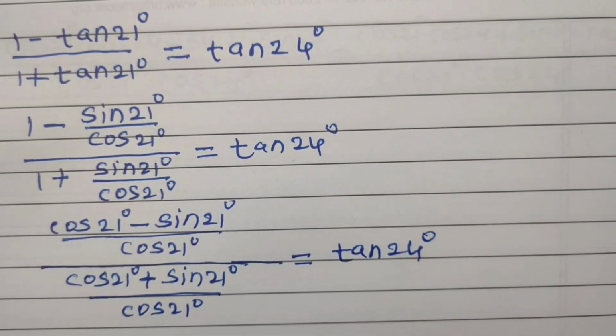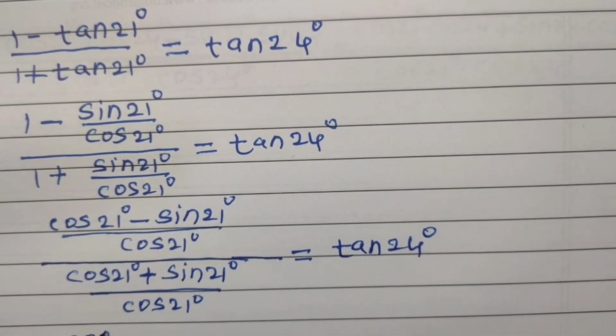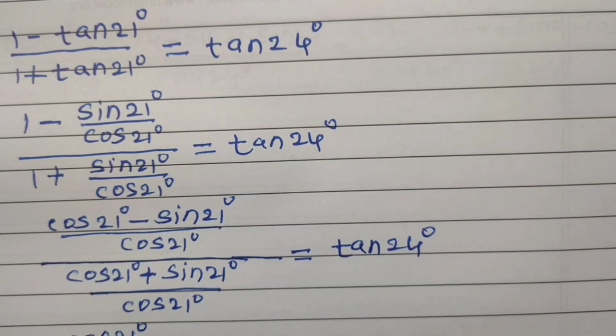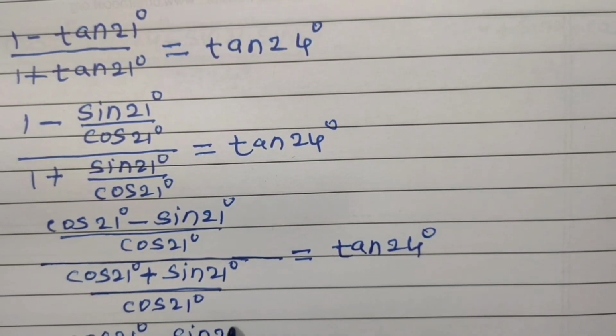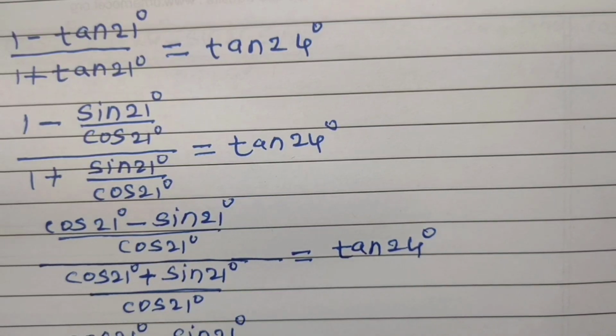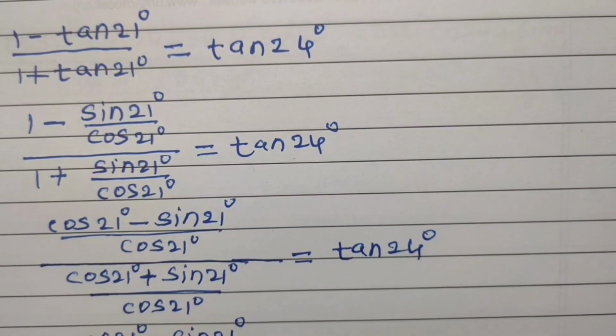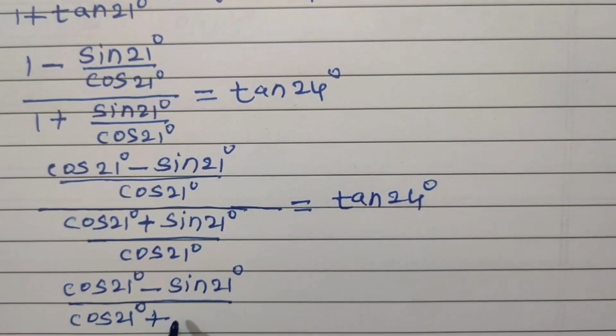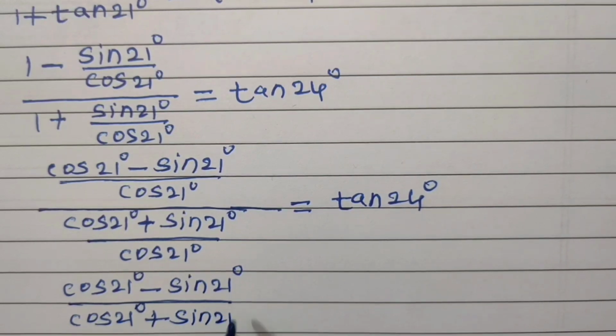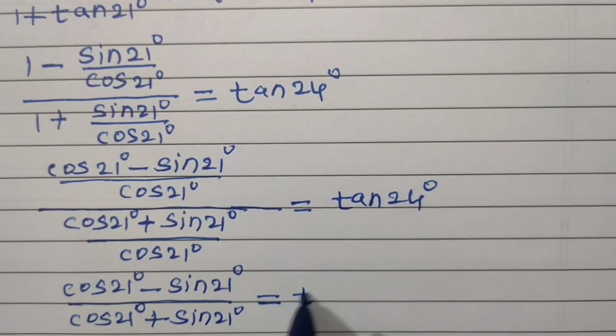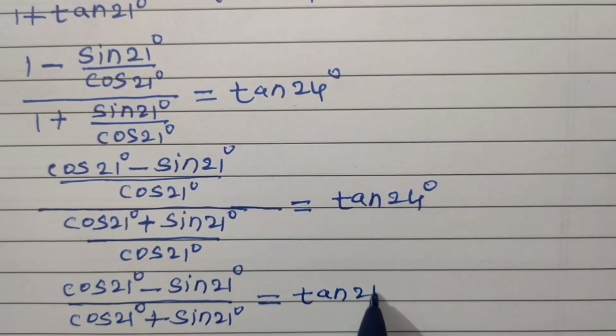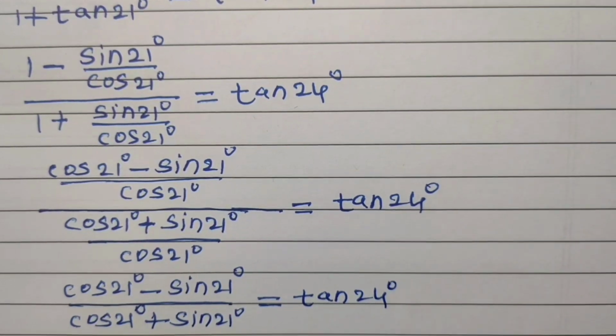On the left hand side, it becomes cos of 21 degree minus sin of 21 degree divided by cos of 21 degree plus sin of 21 degree, keeping the right hand side as it is, and which is the relation which we are going to prove.